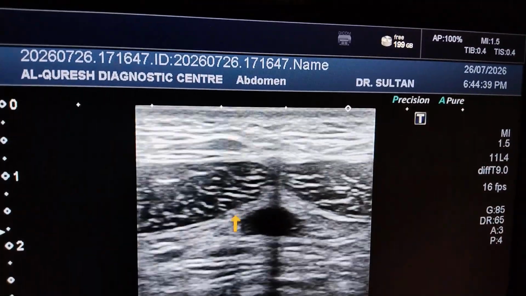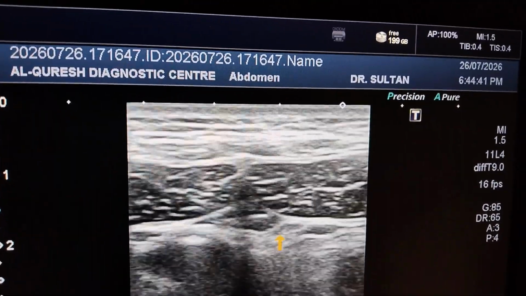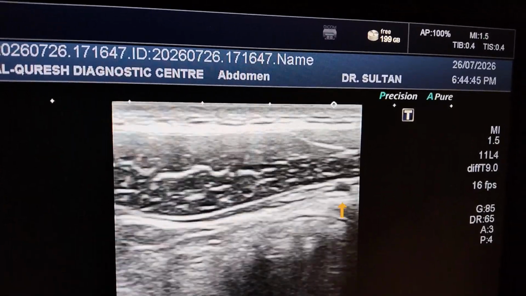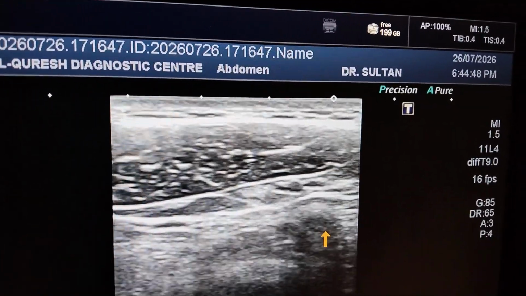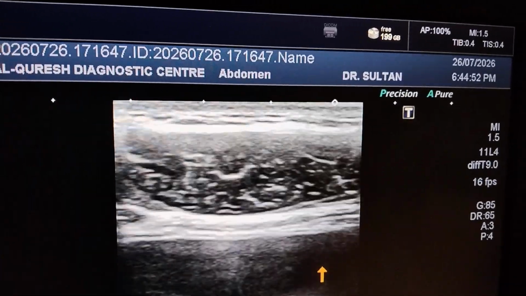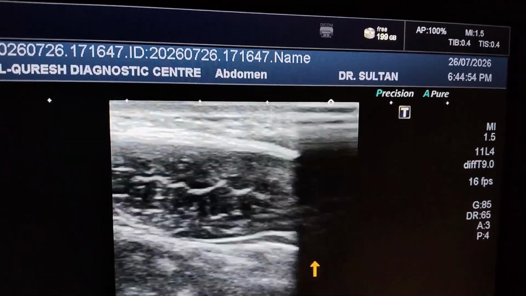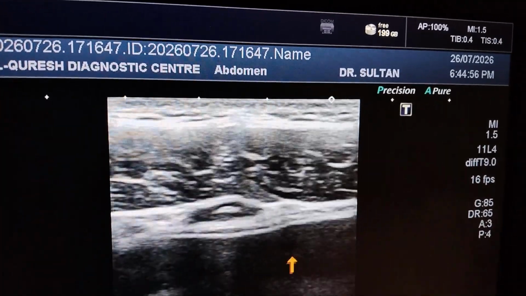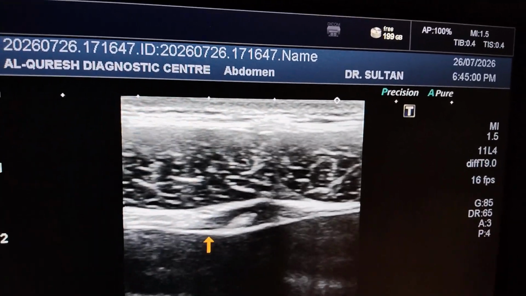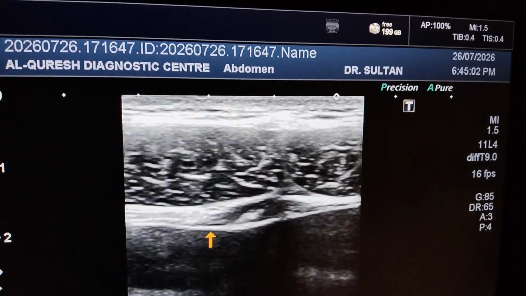Again, we can appreciate this one, this one, this one, this one, this one, and this is the bladder. Here it has reached with no communication between them.